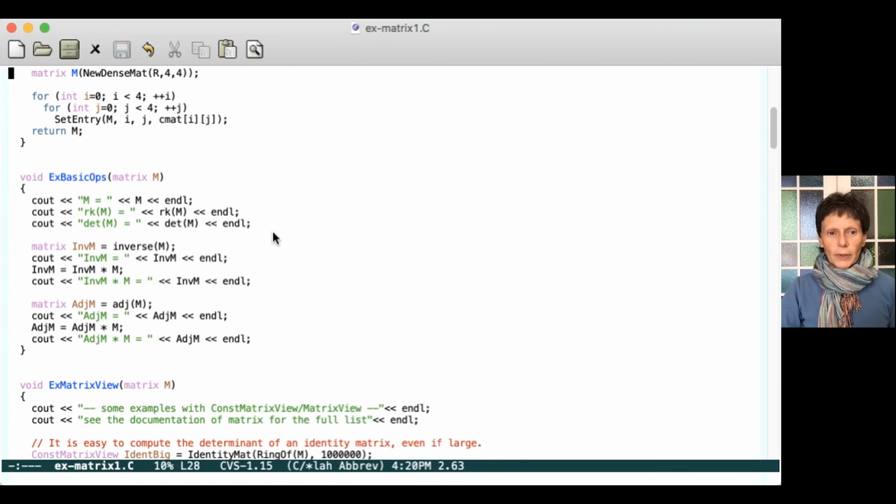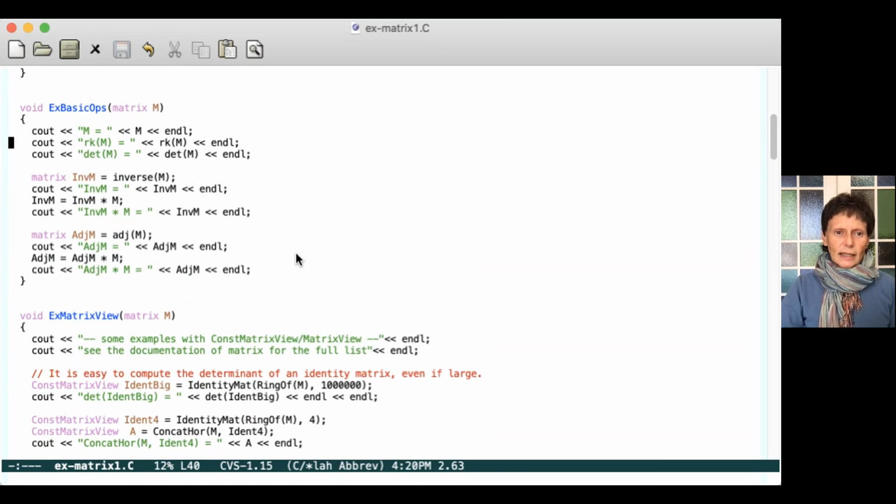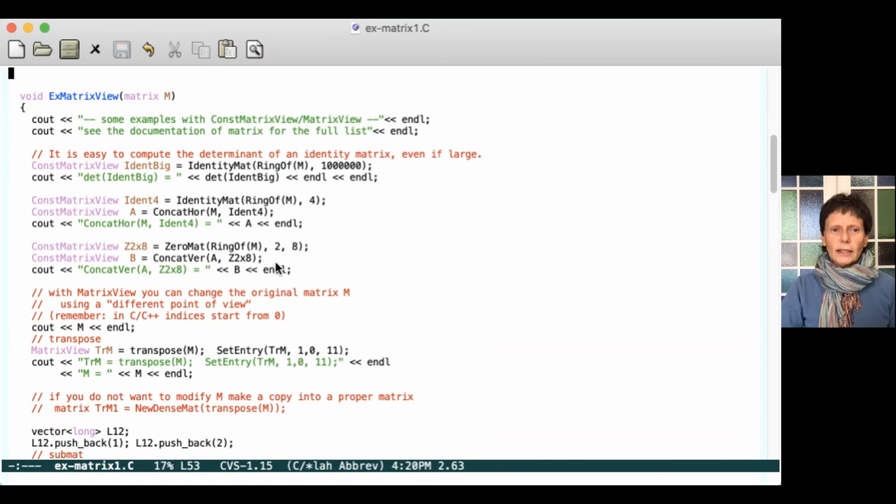So basic operations can compute the rank, the determinant, the inverse of a matrix, the adjoint of a matrix. And then there is another function that is an example for the matrix view type, which is a way of looking at the matrix.